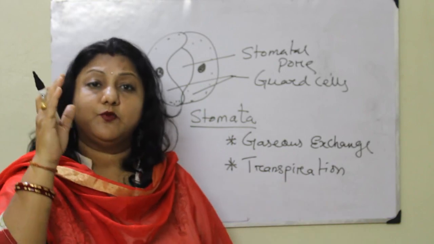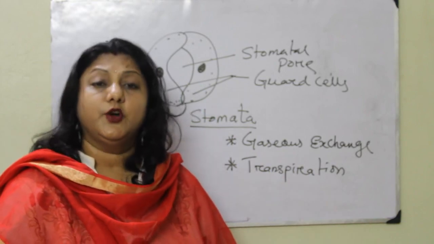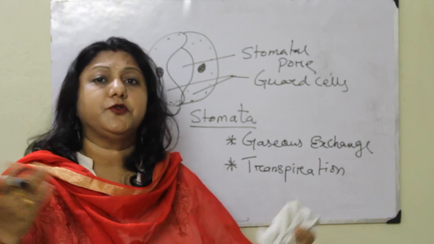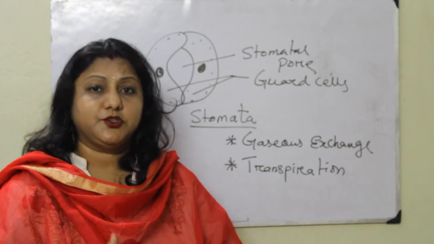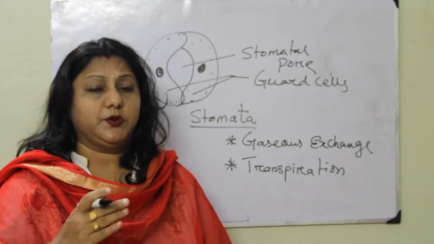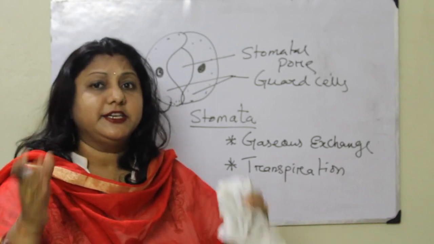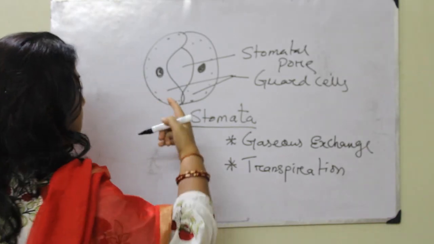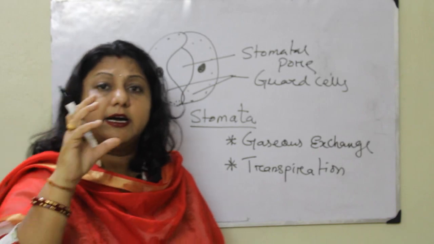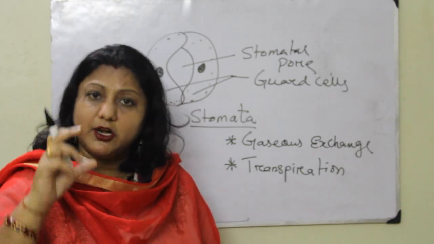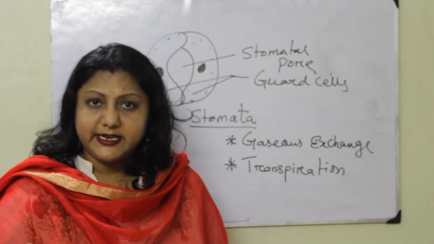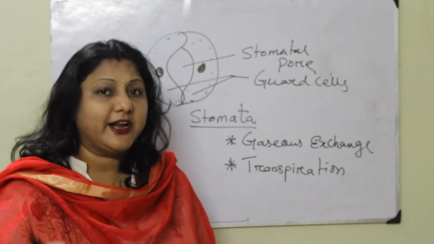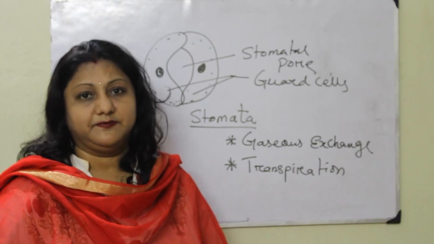So when the plant wants to stop transpiration, when the plant does not require gaseous exchange, why would it keep the stomata open? It has to close the stomata. So the closing and opening gate is guarded by the guard cells, right? The guard cells control the opening and closing of stomata. When it is needed, it is open. When it is not needed, it is closed by the guard cells.